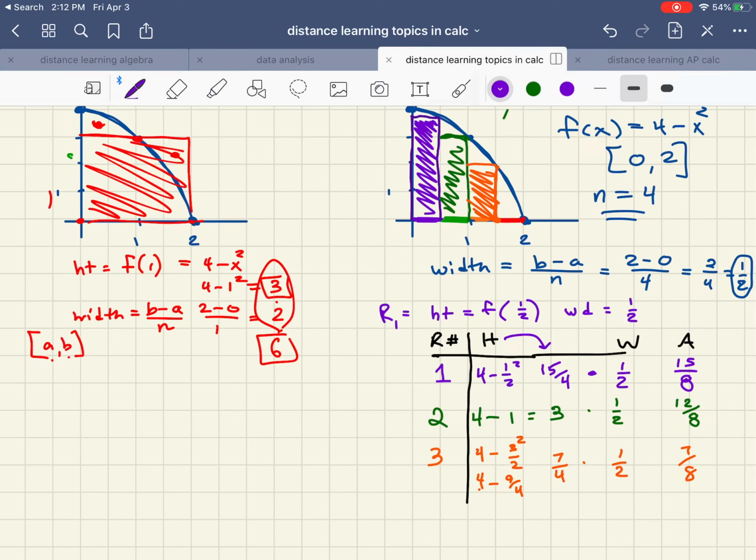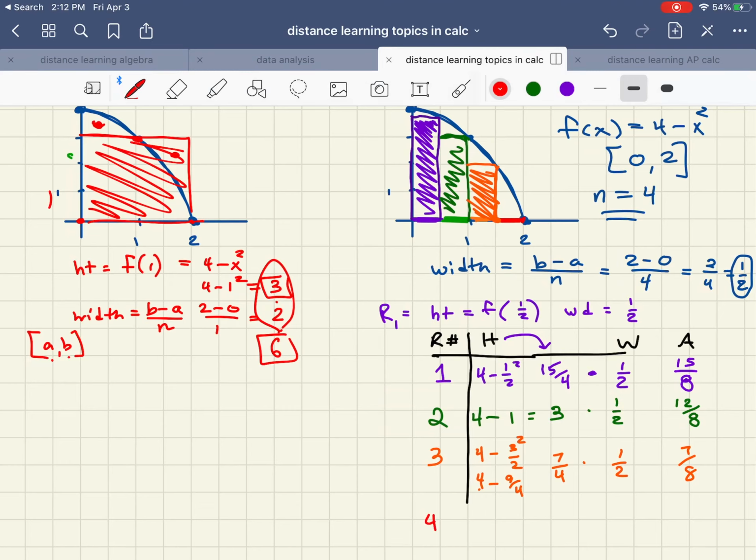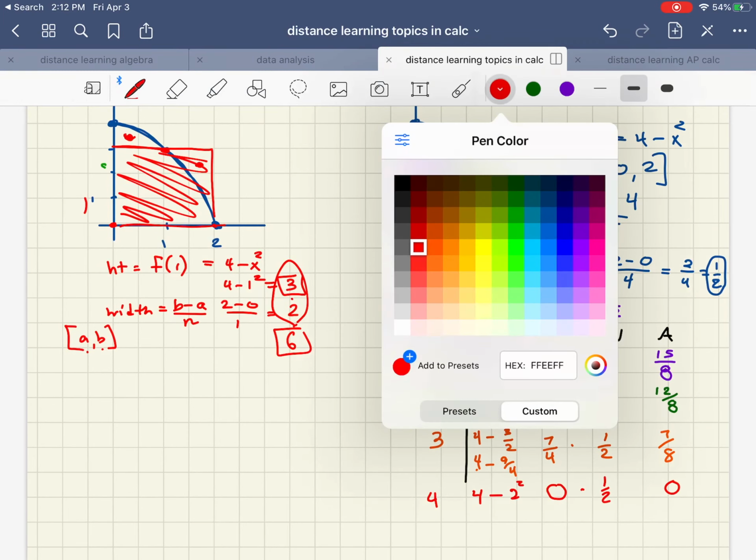This one was 12/8. And clearly, you can see the area of the red to be 0, but here's why. 4 minus the x value of that height is at 2. 2 squared is 4. So we get a height of 0 times 1/2 is 0.